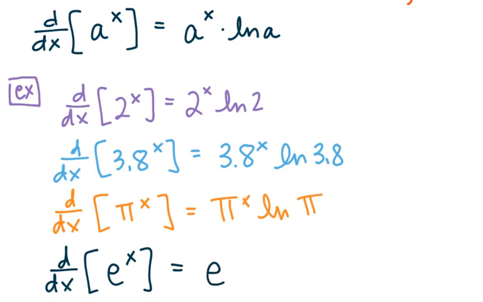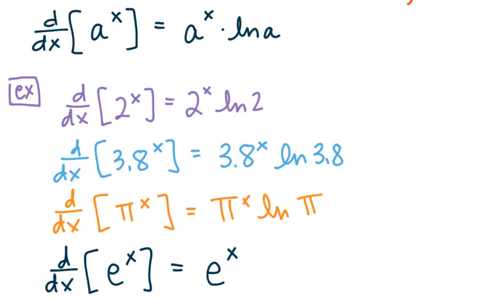That would equal e to the x times the natural log of e. Now, remember, natural log is base e. And when the base and the argument are the same, that is equal to 1. So multiplying by 1, we do not need that there.